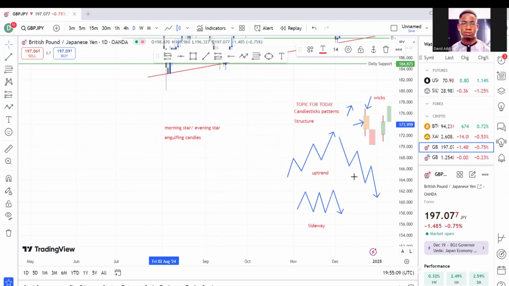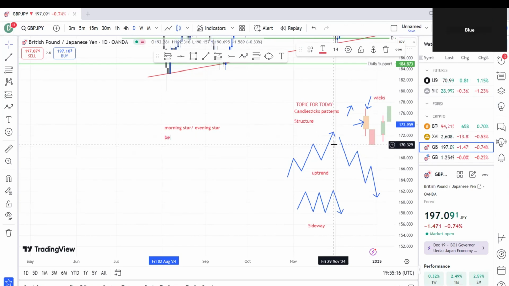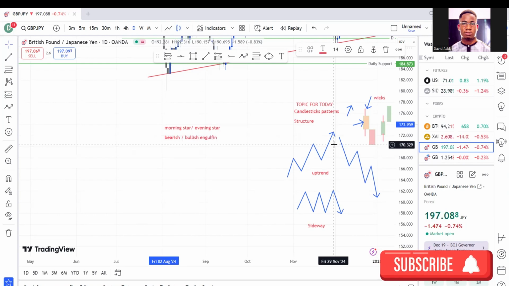We have bearish and bullish engulfing. Let me write it like that so that you understand. So the bearish and bullish engulfing candles. So I use these 4 candlesticks to tell me where the market will be going to.